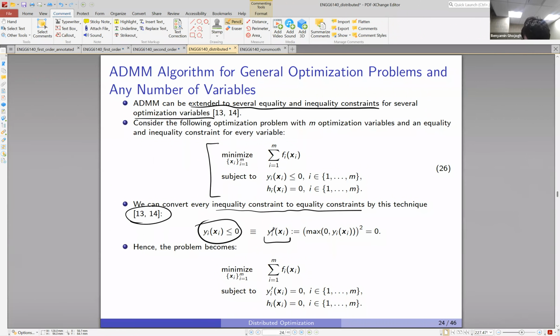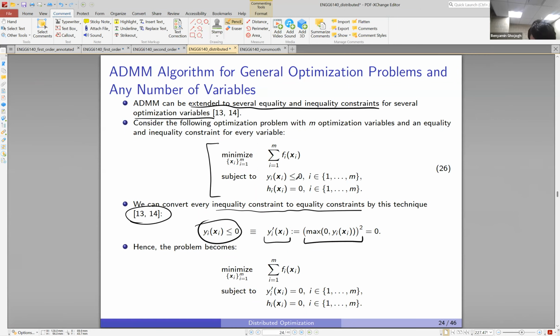So yi prime of xi equals 0 is an equality constraint, right? Let yi prime of xi be defined as the squared max of 0 and yi of xi. The square is just for easily taking the derivative. If yi of xi is greater than 0, this becomes yi of xi, which is not 0.